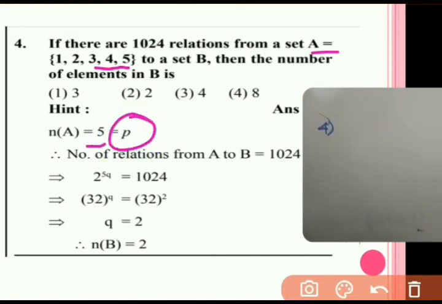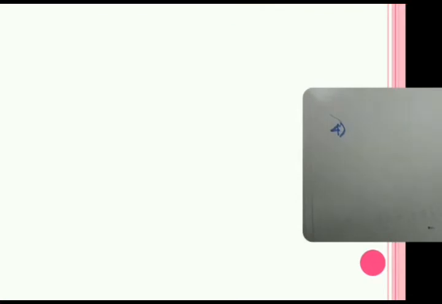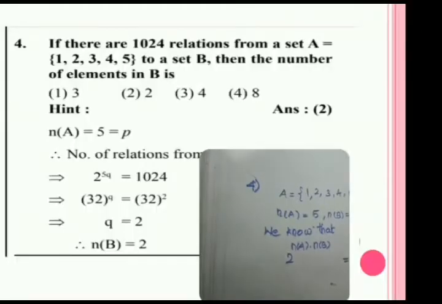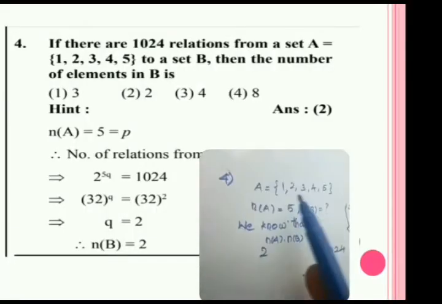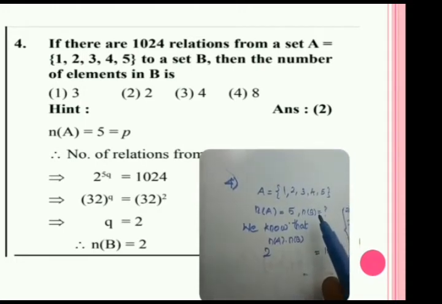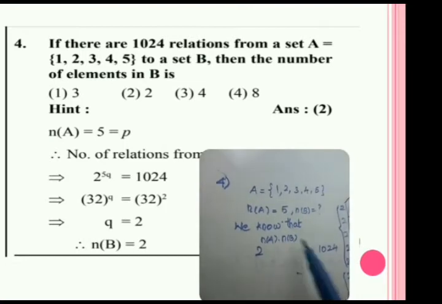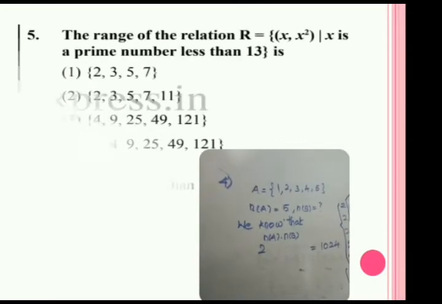So we have to find the number of elements in set B, n of B. Let's solve how to find this. A has 5 elements. n of B we need to find. We know that 2 power n of A into n of B is equal to 1024.